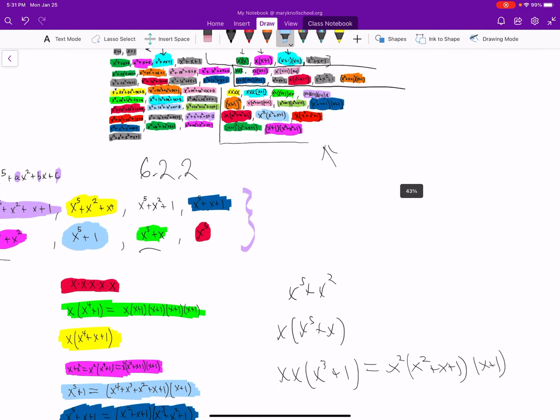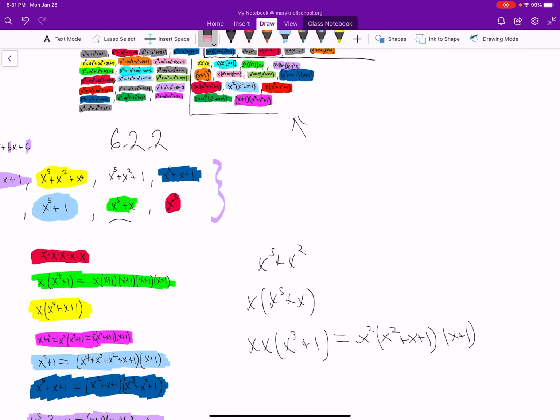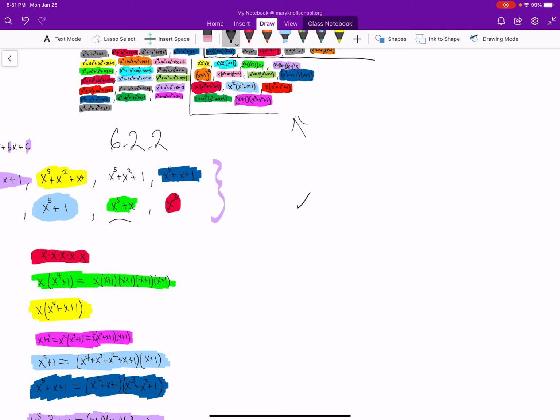So let's try this real quick, and we'll just use some long division to solve it. So x to the fifth plus 1. Okay, so we'll try x plus 1 since we can't take out an x, so the next obvious thing would be to try x plus 1.